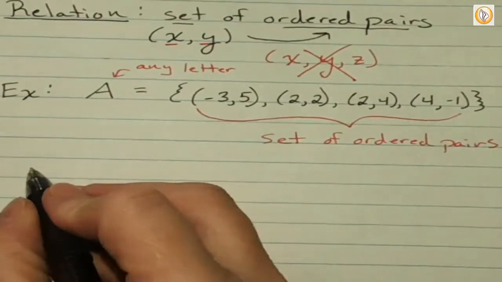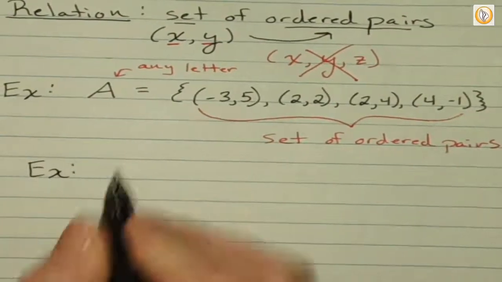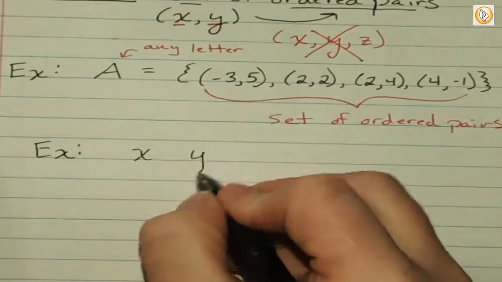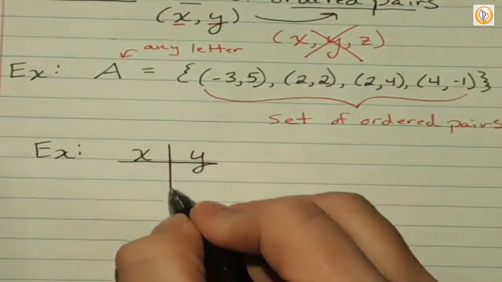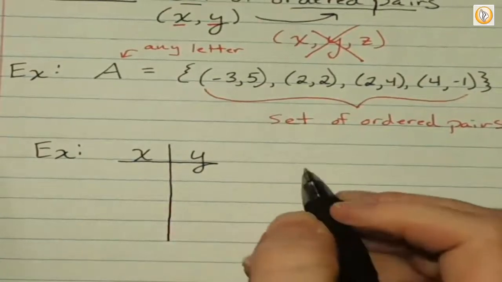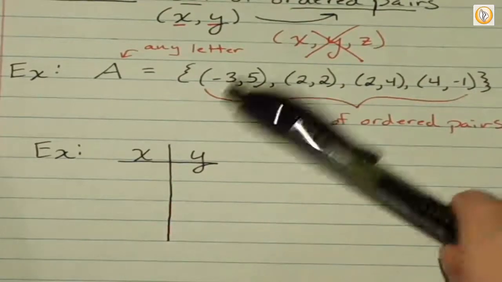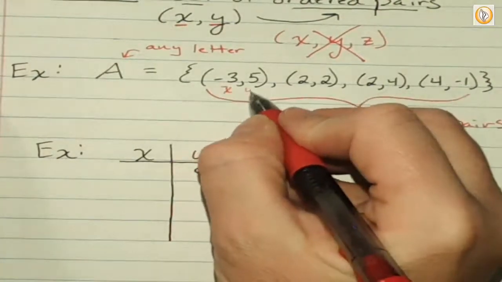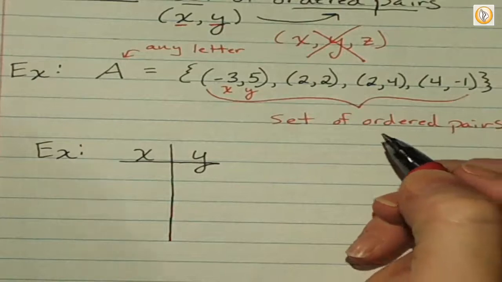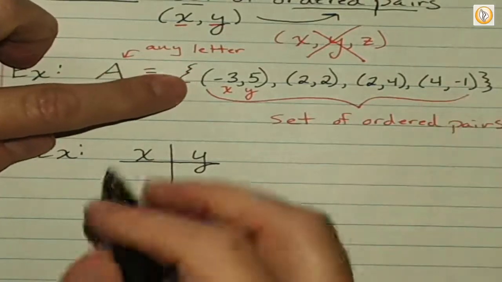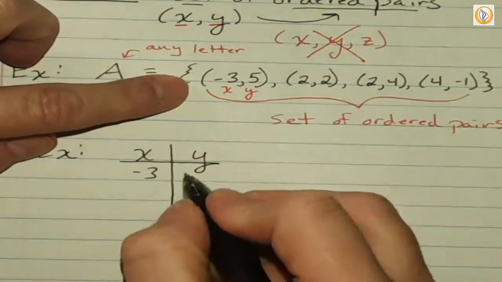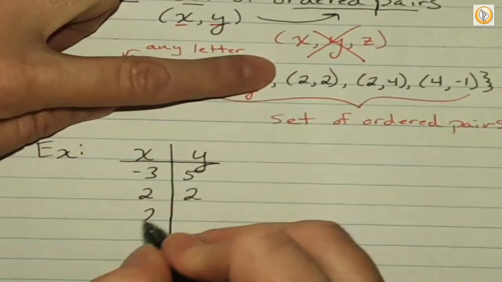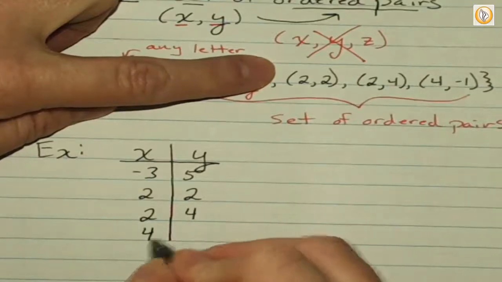We can also write it as a little table. Remember that this is your X and that's your Y. And we can just list them down here: -3 and 5, 2 and 2, 2 and 4, 4 and -1.